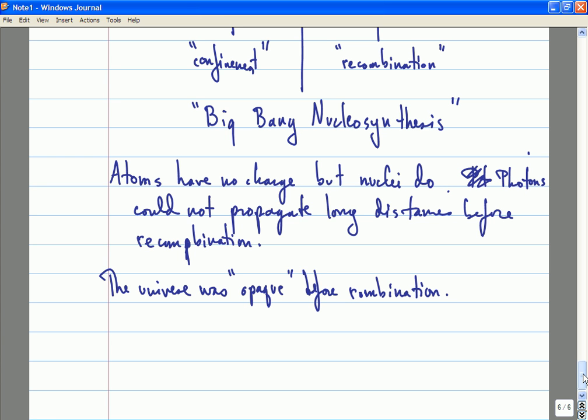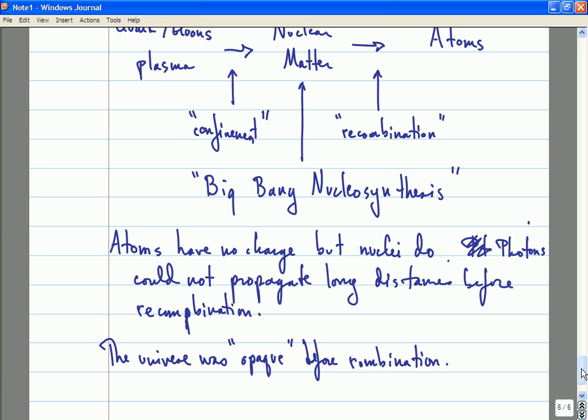So in astronomy, or at least in astronomy which uses electromagnetism, that is to say photons, we can never see directly anything that happened before recombination. We only have indirect evidence for it through the observation of this last scattering surface and through our knowledge of the theories of particle physics.